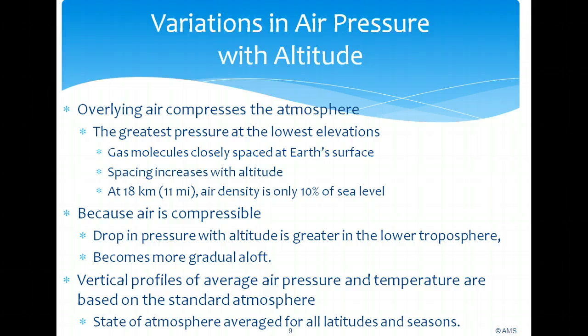So to put it very succinctly, the number of gas molecules per unit volume is the number density of air, which decreases with altitude. The thinning of the air is so rapid within the lower atmosphere that at an altitude of about 4 miles, air density is only about 50% of its average sea level value, and at about 11 miles, as we said, it is about 10%.